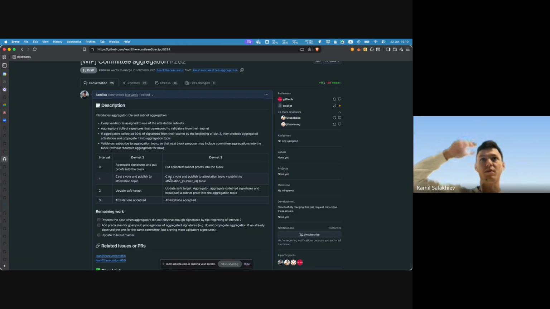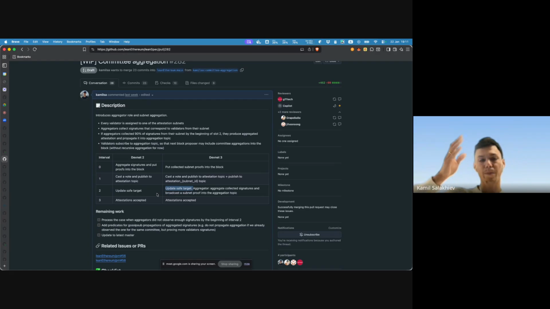Why we need both broadcasts, to the global attestation topic and to the subnet, is because in interval 2 of our 3SF mini we have to update our safe target, so basically the block that we'll be voting on in the next slot. To do this, validators need to observe a supermajority of all signatures, not only their own subnet's.